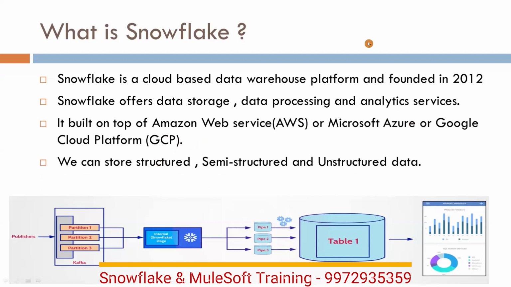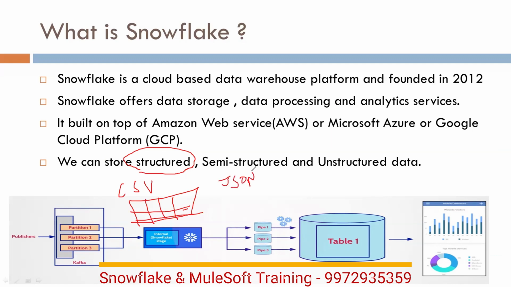Here we are going to store structured data, semi-structured data, and unstructured data. What is structured data? Structured data is like CSV or Excel, comma separated values, where the data is in a tabular format. This is called structured format. What is semi-structured data? It's like JSON, XML, or Parquet. Going forward, you are going to learn JSON.